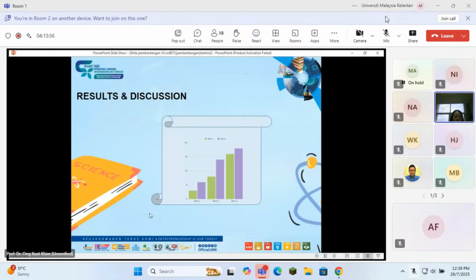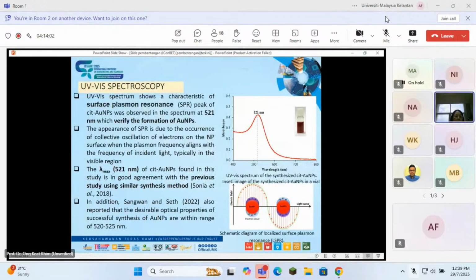Now let's have a look at the results and discussion. From this UV spectrum, you can see, this is the image of the citrate gold nanoparticles that we have synthesized. From this UV spectrum, you will notice a characteristic surface plasmon resonance peak at 521 nanometer, which shows the formation of gold nanoparticles.